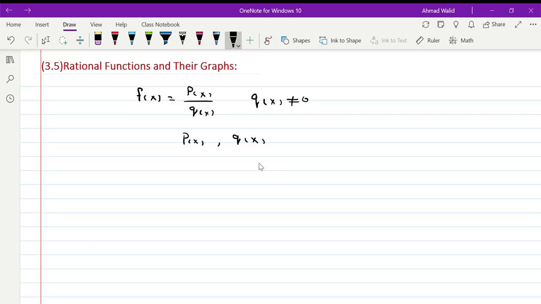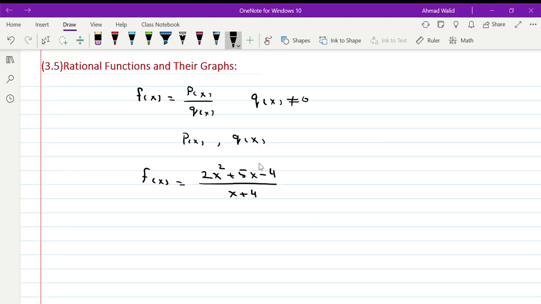For example, when I am writing f of x equals 2x squared plus 5x minus 4 over x plus 4, I call this function a rational function because the numerator is a polynomial function. Denominator is another polynomial function, correct?